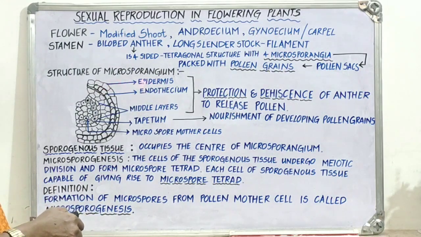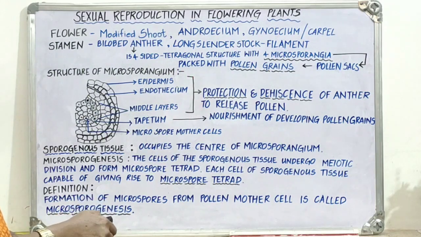The outermost layer of microsporangium is epidermis. Next layer, which is a little bit inside, is endothecium. And later you will see middle layers, not layer, it is middle layers.